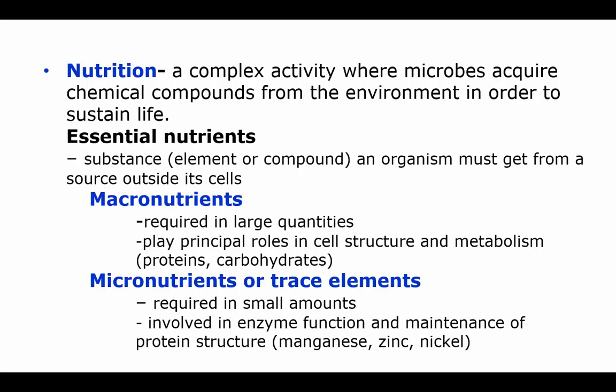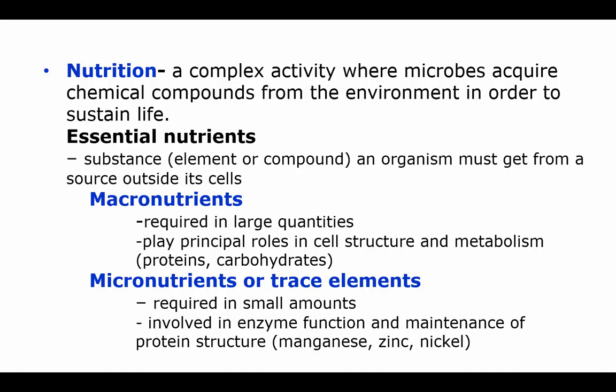Okay, so by definition, nutrition is just the ability of microbes to acquire those elements that they need in order to survive. And so what we do when we talk about nutrition, and some of you may take a nutrition class one day, you'll hear more about this, but what we do with nutrients is we divide them into 2 basic categories, or subcategories. If we look at objective number 2, this is where it mentions these. And so these 2 subcategories of nutrients are called macronutrients versus micronutrients.